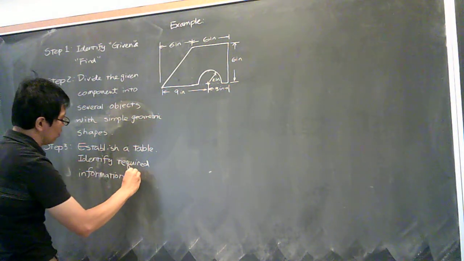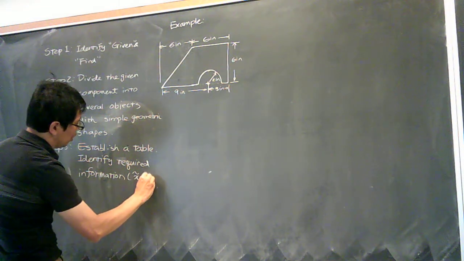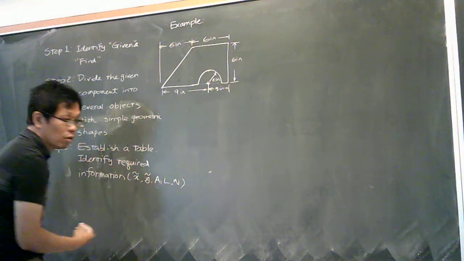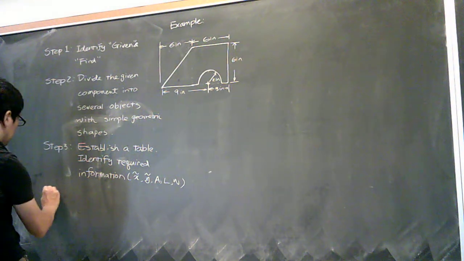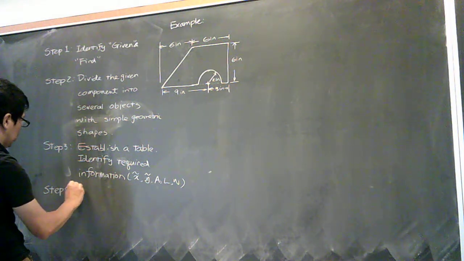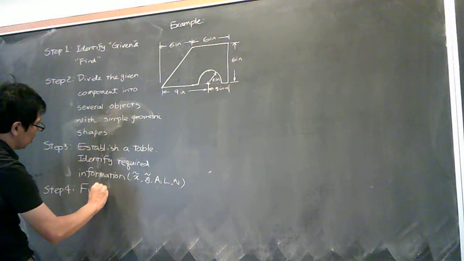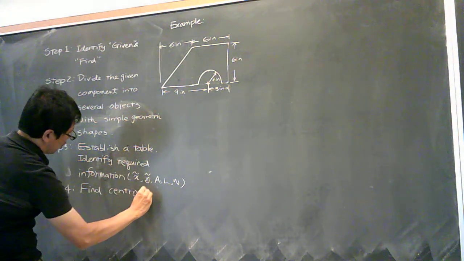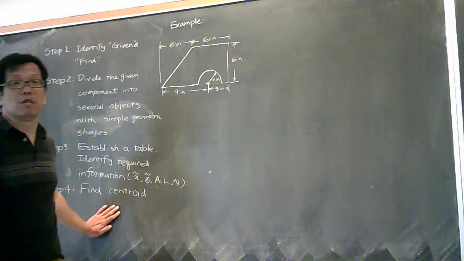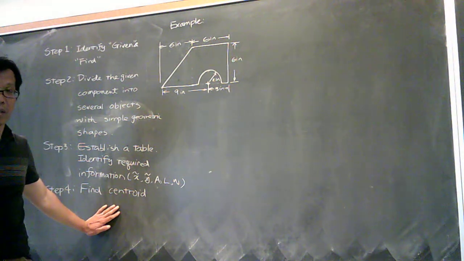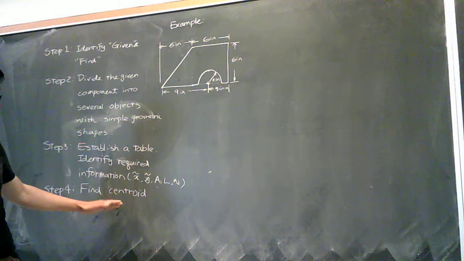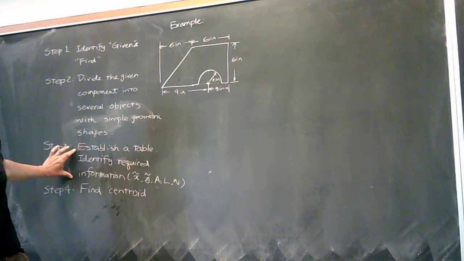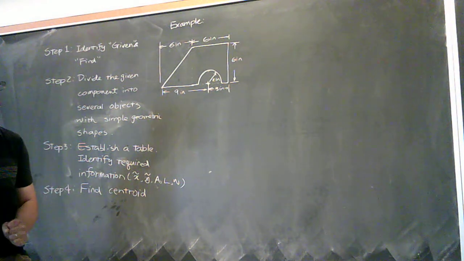Most of it is going to be X, Y, A, L, or those kind of things. Then the next step is find centroid. This step is, I would say, the easiest one, because if you know the formula, there is nothing fancy over here. But you would need to establish a table for this, so you really know what's going on.